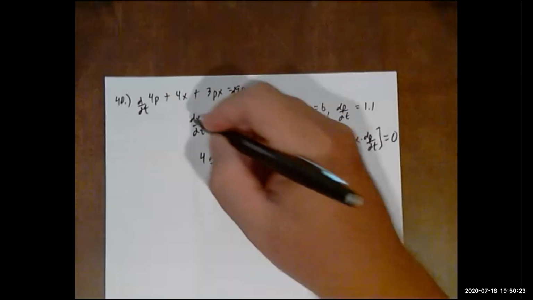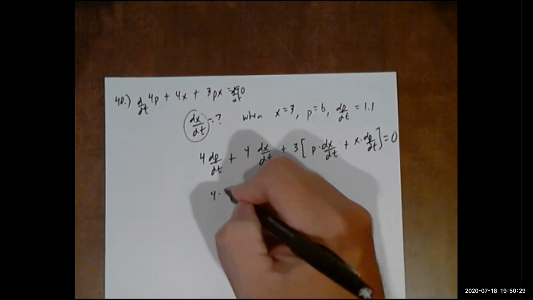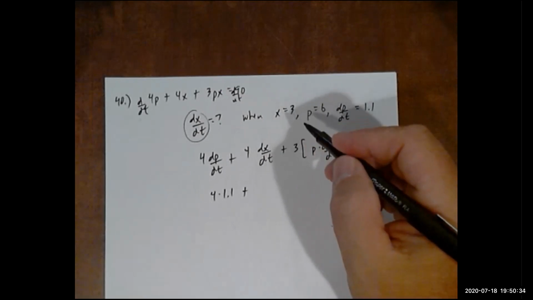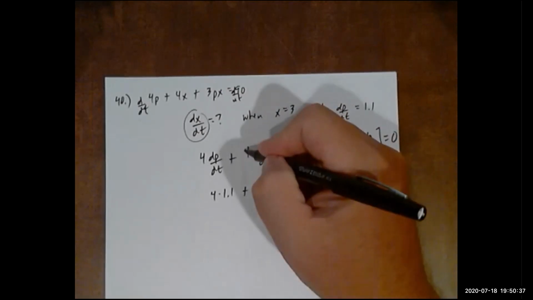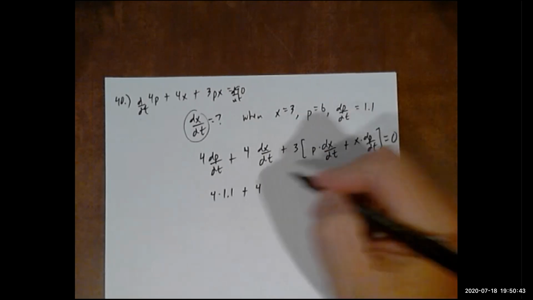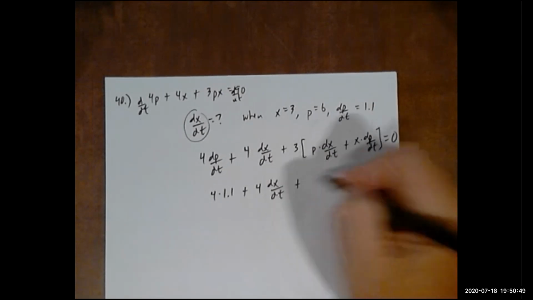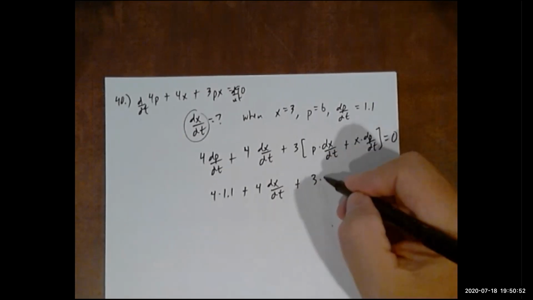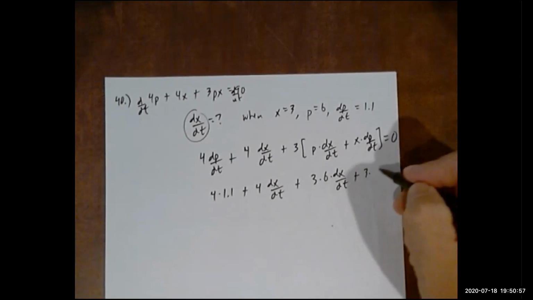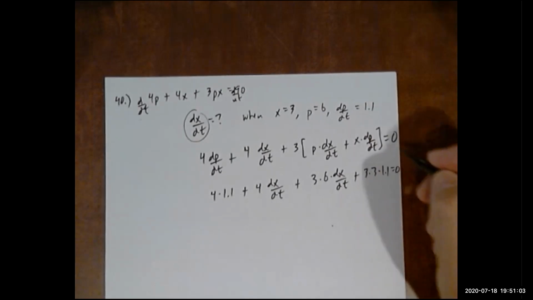We don't know dx/dt, but we know everything else. We know dp/dt is 1.1. 4 times 1.1, this is 4. 4 times dx/dt, which is what we're solving for, plus 3 times 6 times dx/dt, plus 3 times 3 times dp/dt, which is 1.1, equals 0.